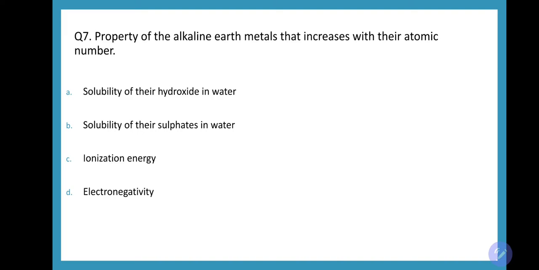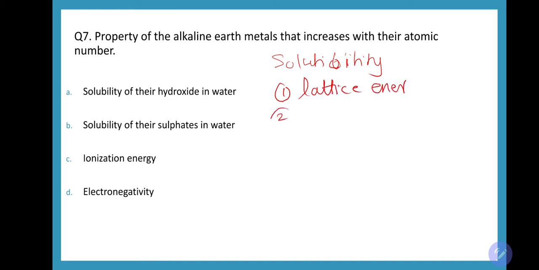Now, whenever we are talking about this question, the solubility of an ionic compound basically depends upon two factors. As we have already seen, alkaline earth metals form ionic compounds, so the solubility will depend upon two factors. The first one is the lattice energy, and the second one is known as hydration energy.